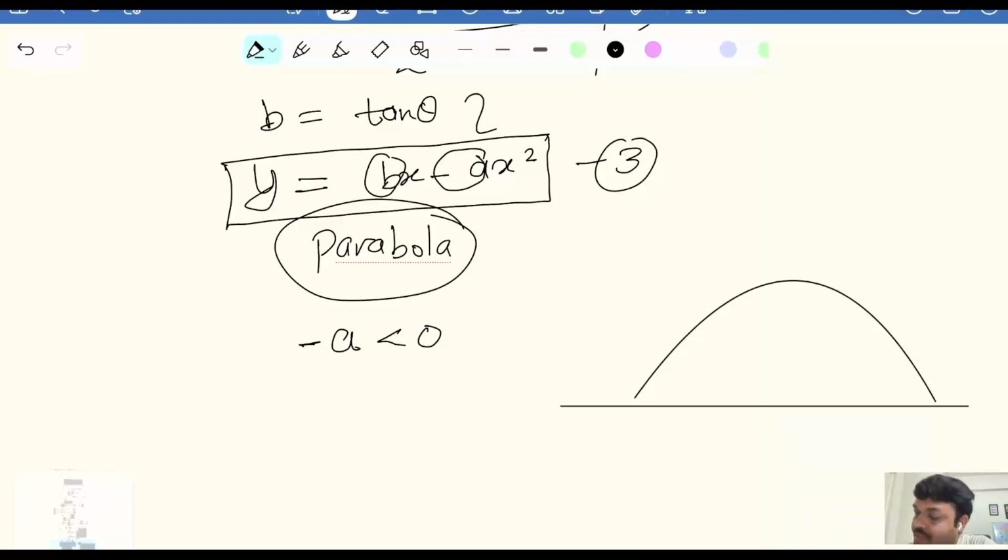And since it has a b, therefore we have a shift from the origin to some point, right? So at this position, this is the y-axis and x-axis. From your mathematics classes, you know the slope dy by dx would be equal to 0 at the maximum.